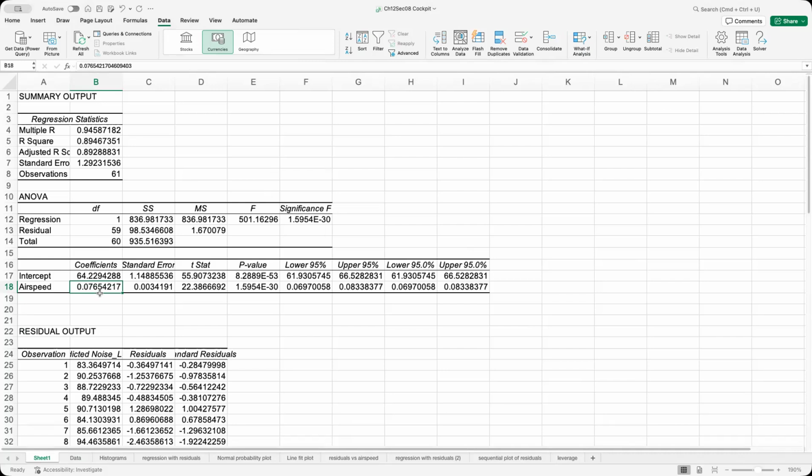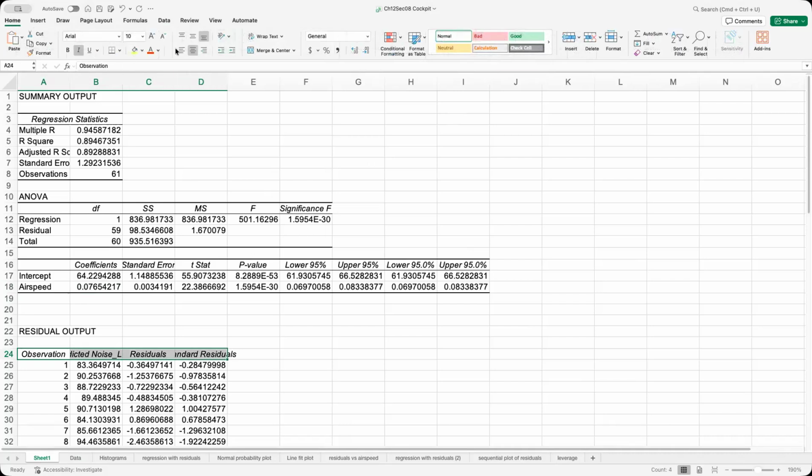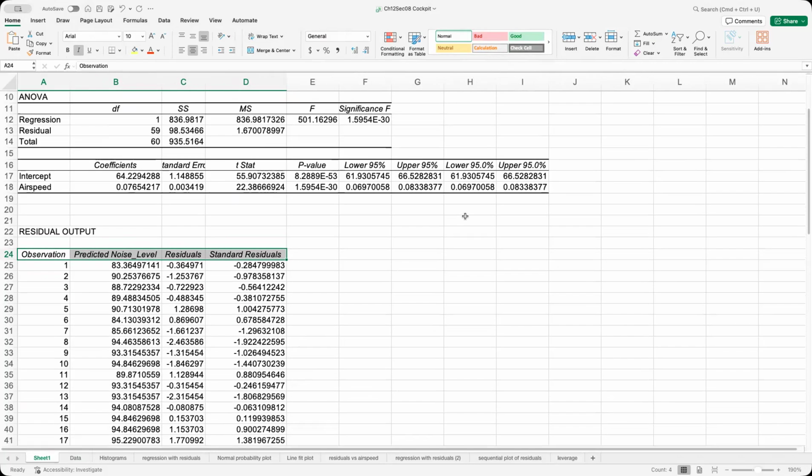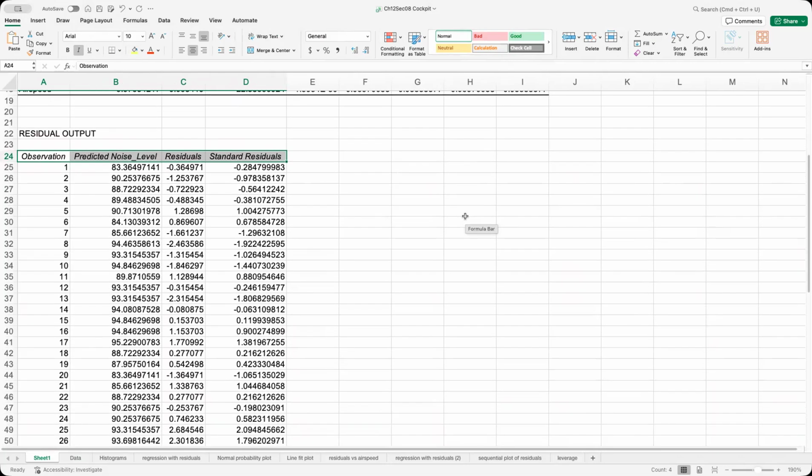Down here, this is where now I can start looking at the meat of this setup. Format, autofit. Here we go. So that first thing, airspeed of 250.